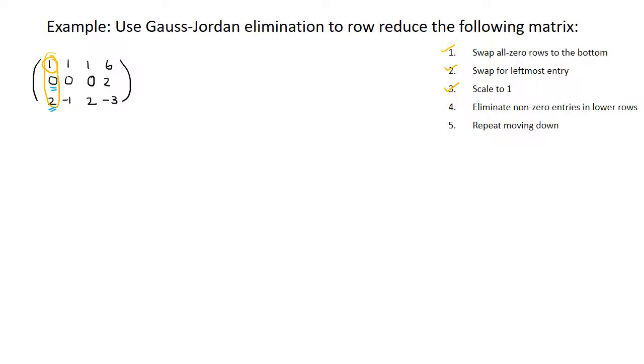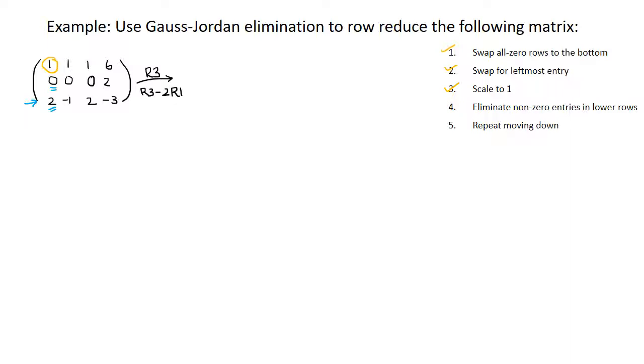In row 3, we have a 2. Let's get rid of that. So to make the entry in row 3 equal to 0, we're going to subtract twice row 1 from row 3. So the notation I'm going to use is row 3 is replaced with row 3 minus 2 row 1.